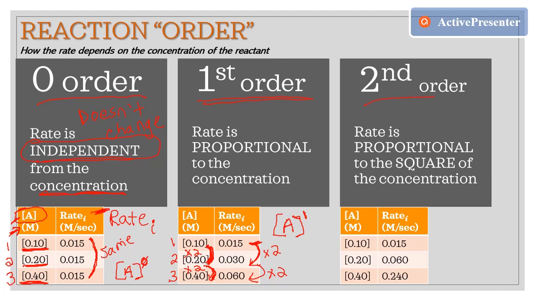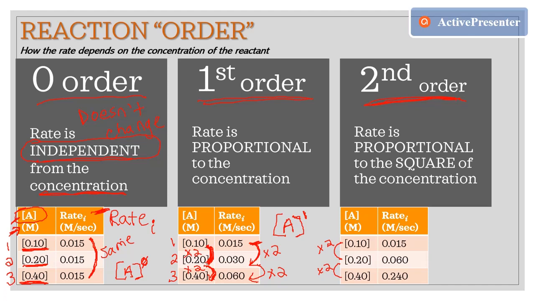Now second order is kind of like first order because the initial rate increases as we increase the concentration. But look at this: we went from 0.10 to 0.20, so that's a doubling. And we went from 0.20 to 0.40, so that's a doubling again. But look at the initial rate.